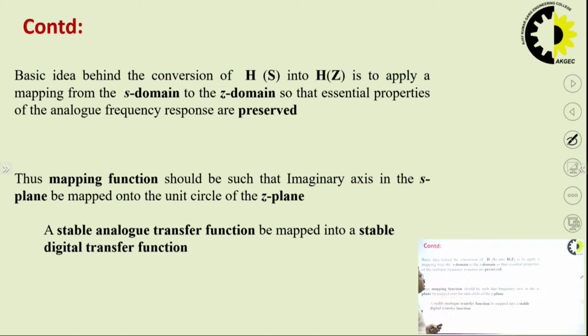The basic idea behind the conversion of H(s) into H(z) is to apply the mapping from the S domain to the Z domain. If you have to convert H(s) into H(z), you are transforming, mapping from the S domain to the Z domain in such a way that the essential properties of the analog frequency response are preserved.